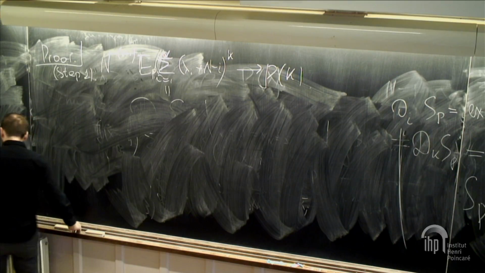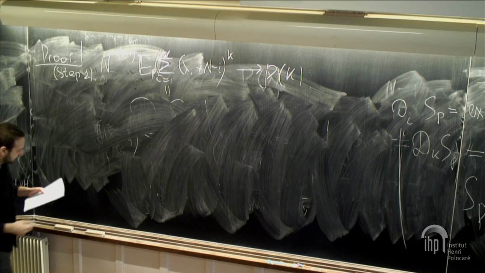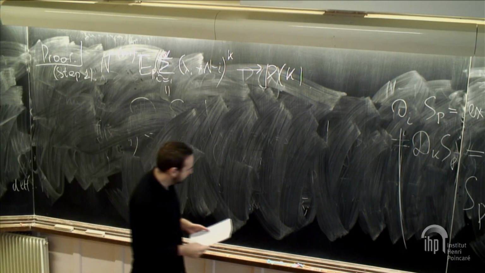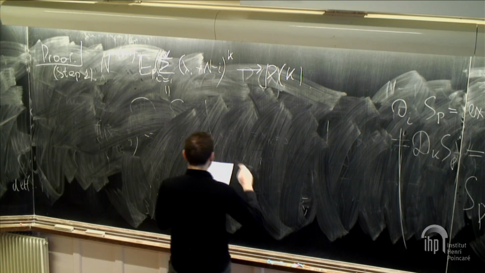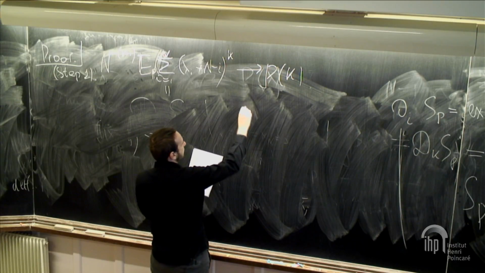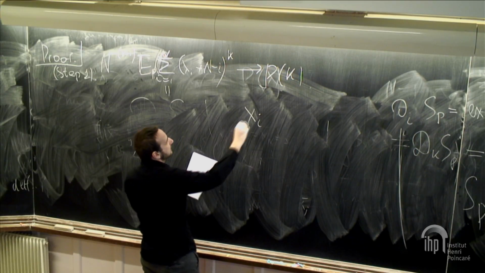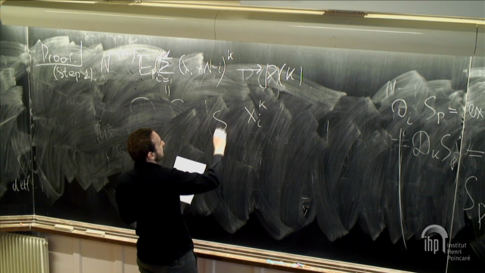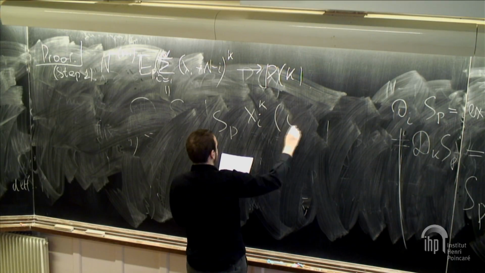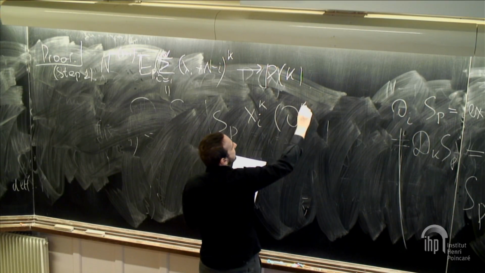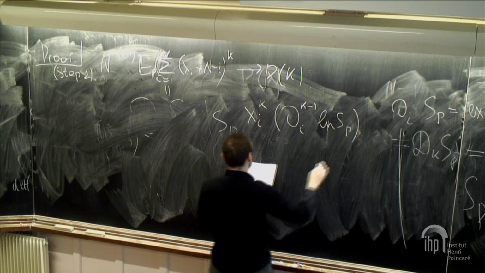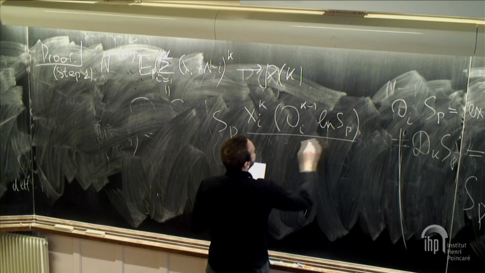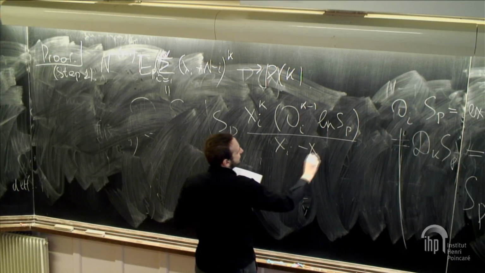So let's consider the simplest possible case, which appears here. Out of these guys, what is the simplest possible case? Well, that is this guy: xi to the k, SP times di to the k minus 1 of the logarithm of SP, and then divided by xi minus xj.